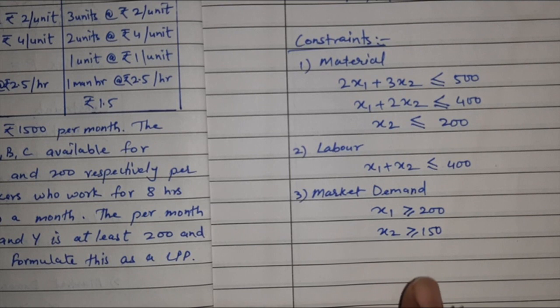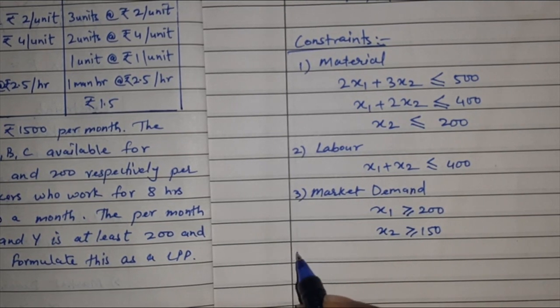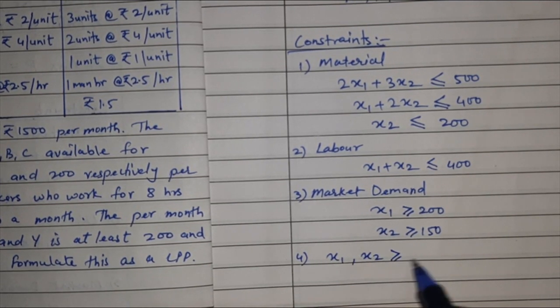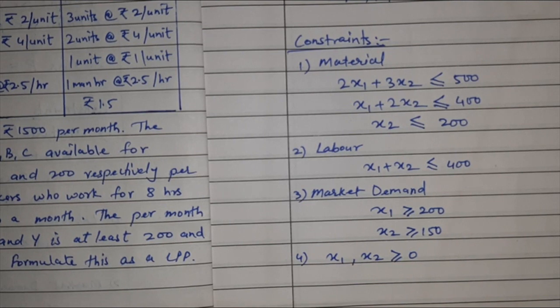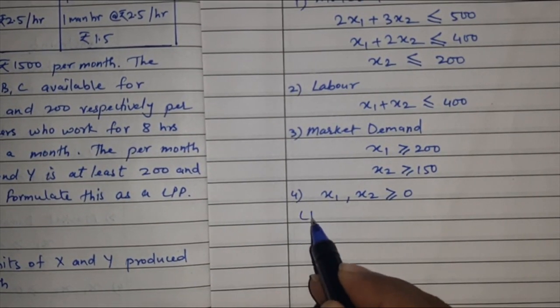Okay. The final one is your non-negativity constraint, where we can directly write x1, x2 should be greater than equal to 0, and we can write the LPP formulation now.